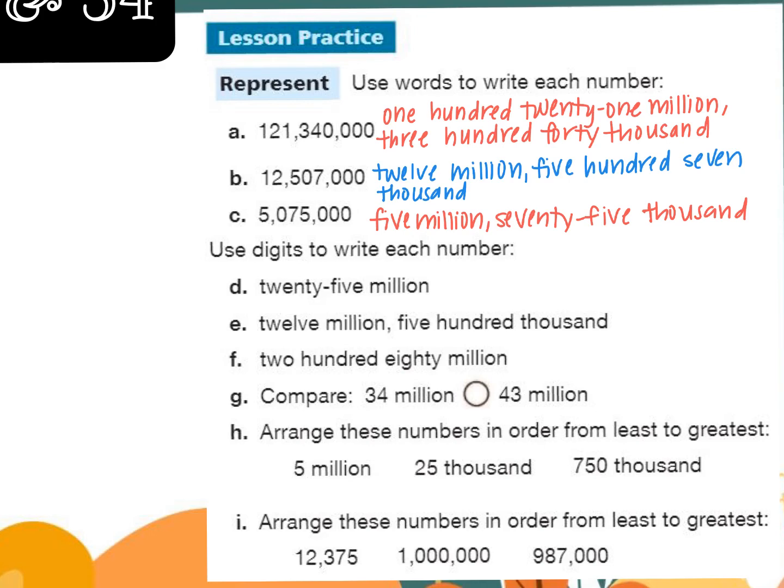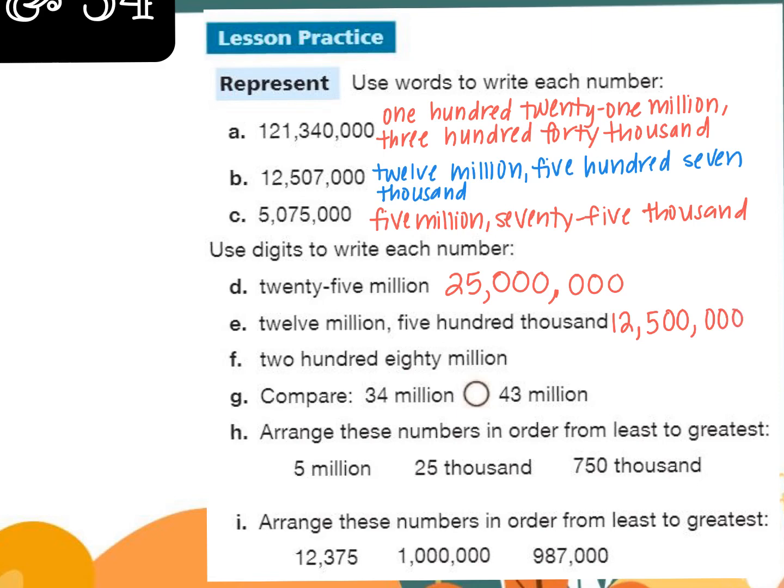So D, what does 25 million look like? 25, comma, and then another comma, and then 0, 0, 0. Very good. Okay, what does 12,500,000 look like? 12, comma, 500, comma, 000.